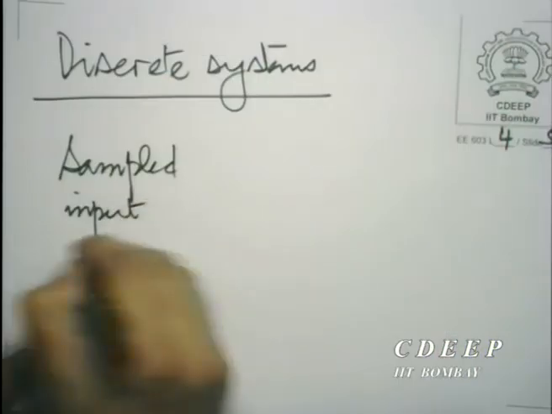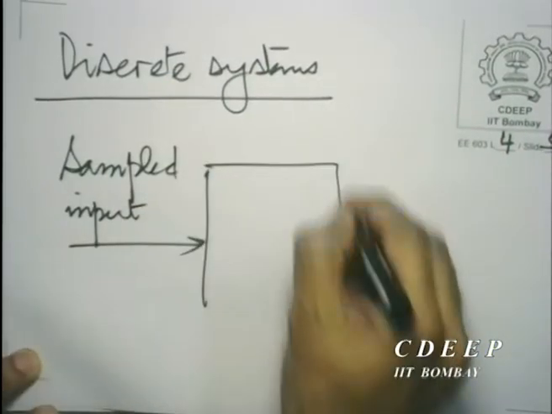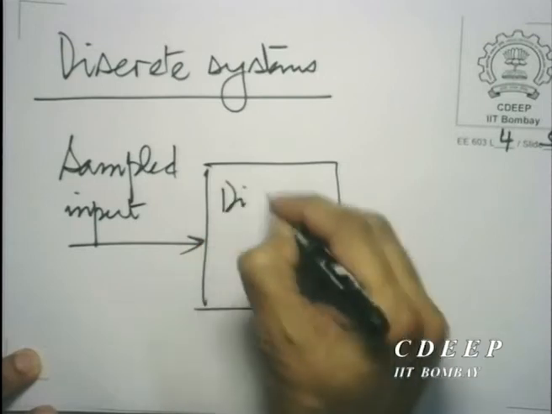Now, we will review once again what we mean by a discrete system. A discrete system is a system where you have a sampled input, and a sampled output is produced.